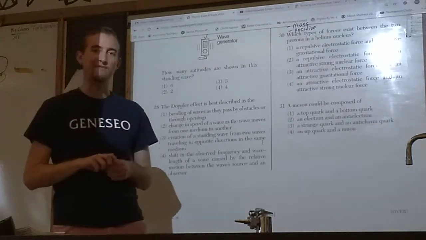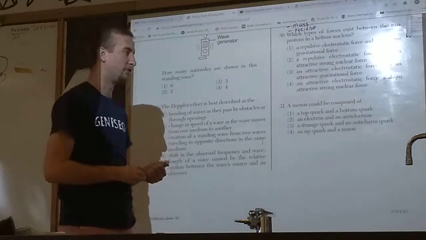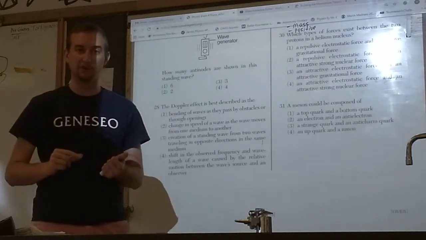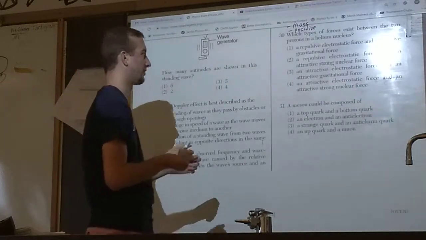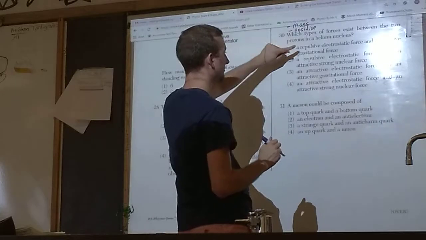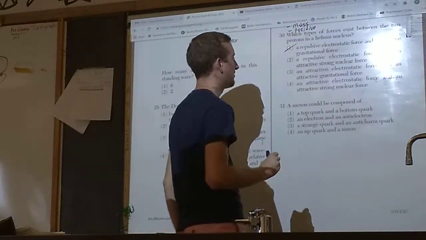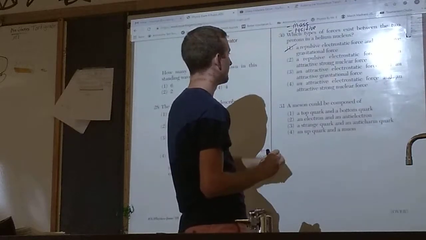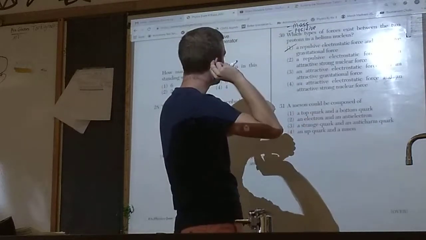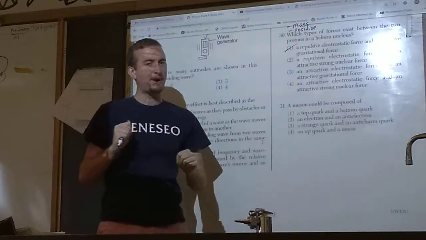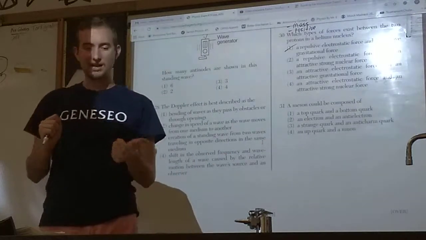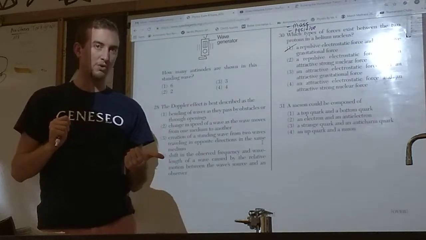Any 2 objects that have mass have a gravitational force between them. And that gravitational force is always attractive. So, we have something here that says a repulsive gravitational force. That cannot be right. So we know that one cannot be right. Let's think about the positive for a second. If you have 2 positive charges, what should they do?